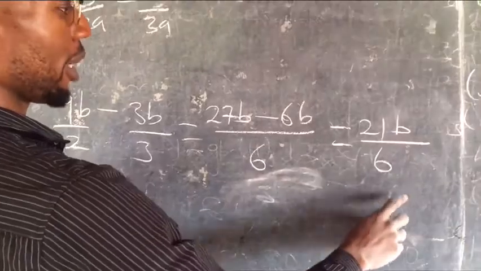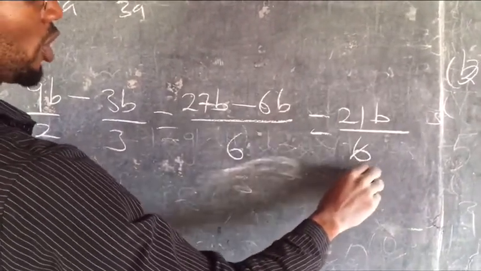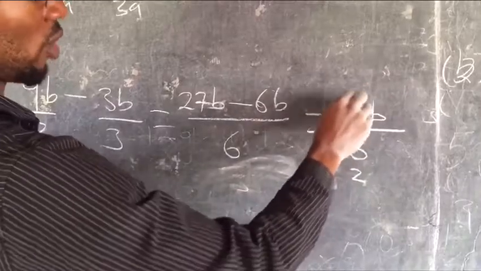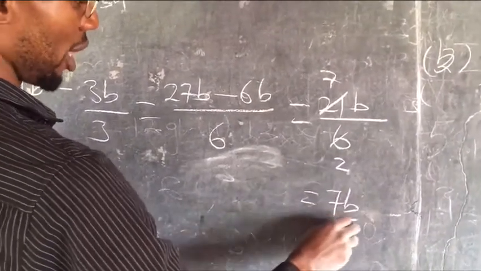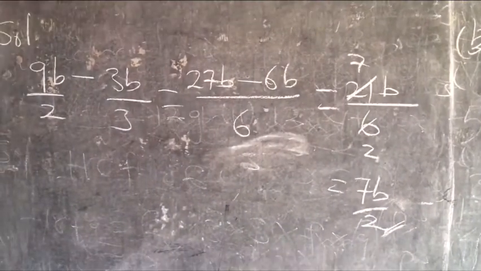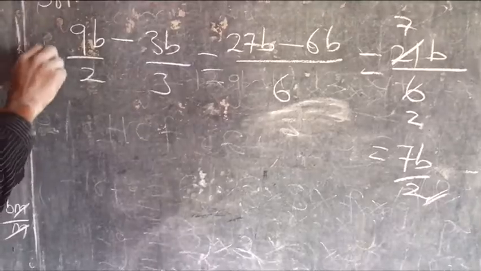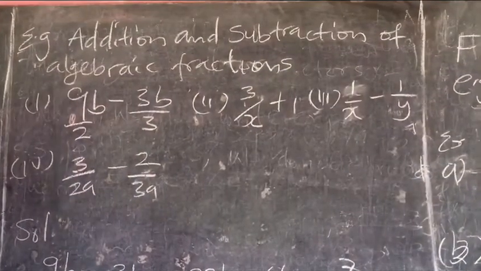Then we go still break this one down. 3 here will give me 2. 3 here will give me 7. So I will get 7b over 2. We don't subtract that one with that. That one is number 1. Then this one is number 2.